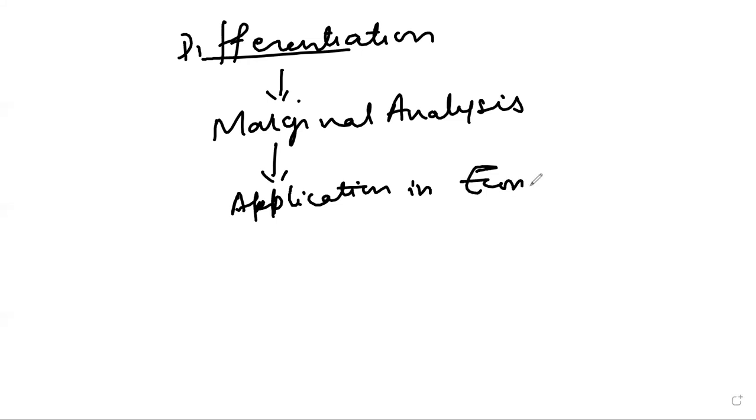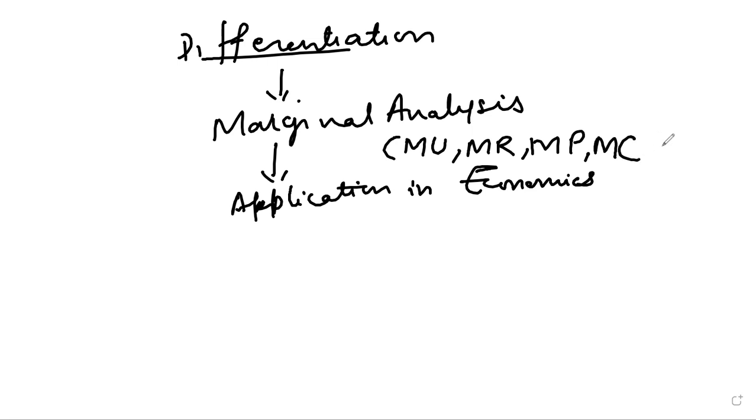And because it is related to marginal analysis, that is why it has wide application in economics. When we say marginal analysis, we are talking about all marginal values like marginal utility, marginal revenue, marginal product, marginal cost, etc. Right?